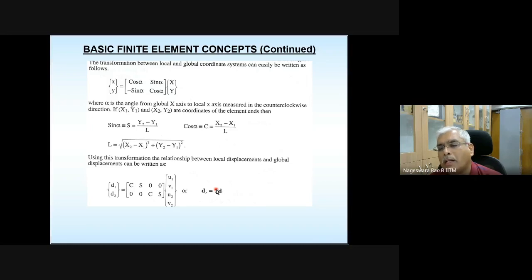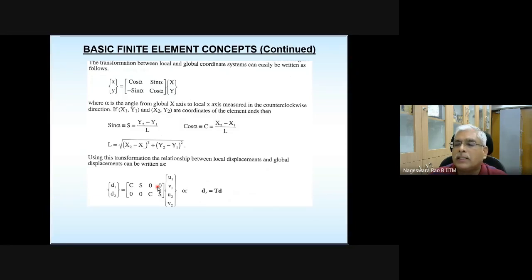What do you mean by orthogonal? T times T transpose is going to be the identity matrix. What is the dimension of T here? 2 rows, 4 columns. T transpose is going to be 4 rows, 2 columns. When you multiply T with T transpose, you get a 2 by 2 matrix, and it is the 2 by 2 identity matrix.